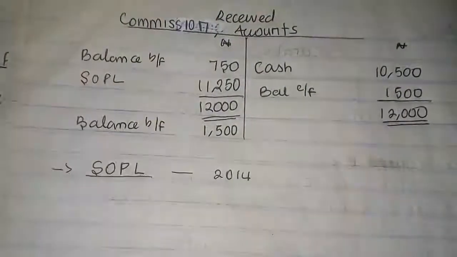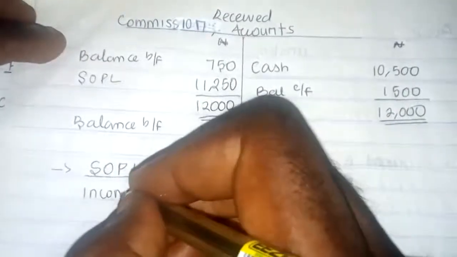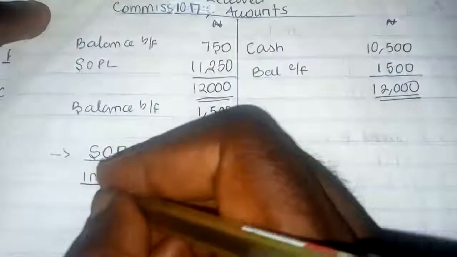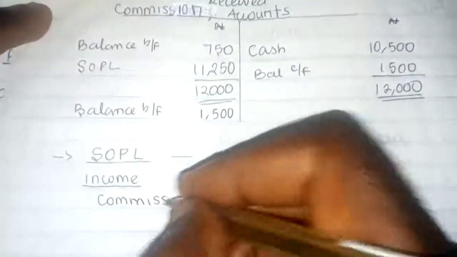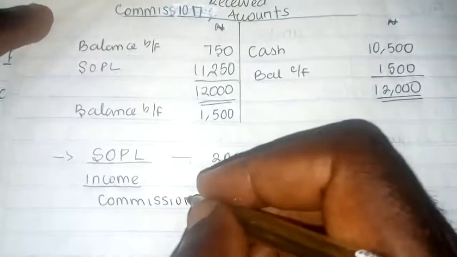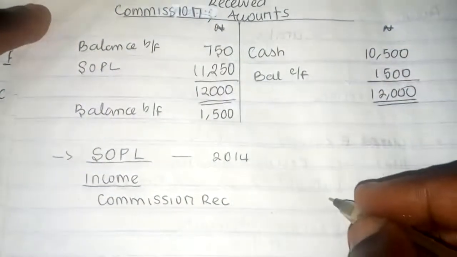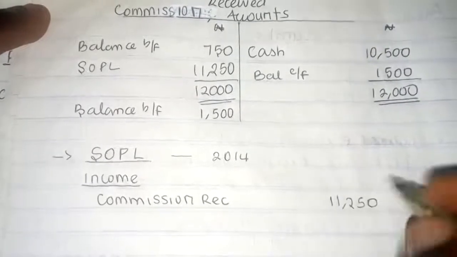Then you come under your income side. Income, take note, that is the commission received, which is 11,250. That is the actual income meant for the year.